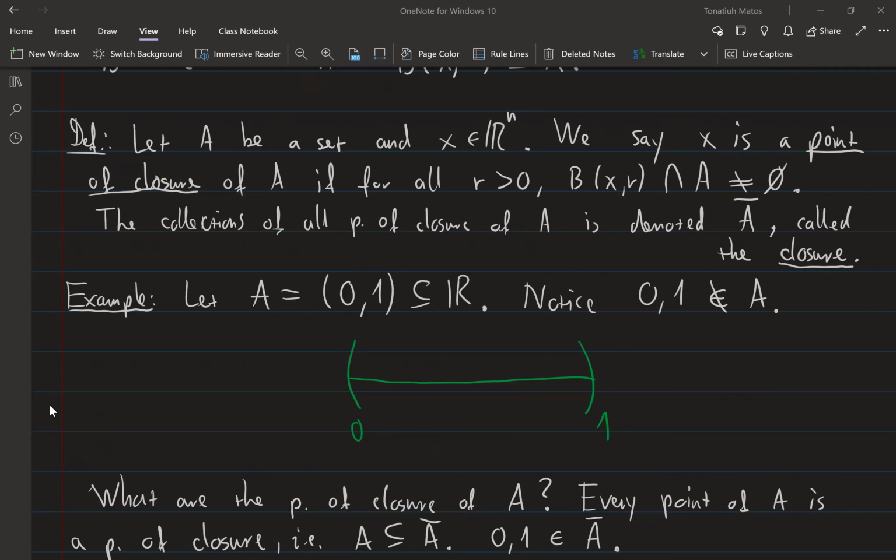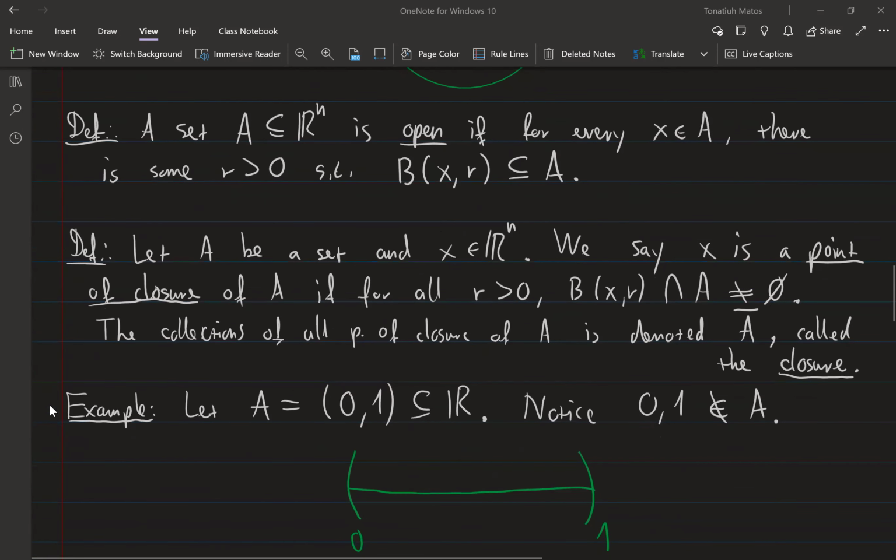So a set is open if every point that is an element of A is actually inside A. It's an interior point, right? You can surround it with a small enough ball so that the entire ball is still contained. There's an entire neighborhood, an entire cluster of points around this point that are still elements of A. So it's not something that is on the boundary and much less outside of A.